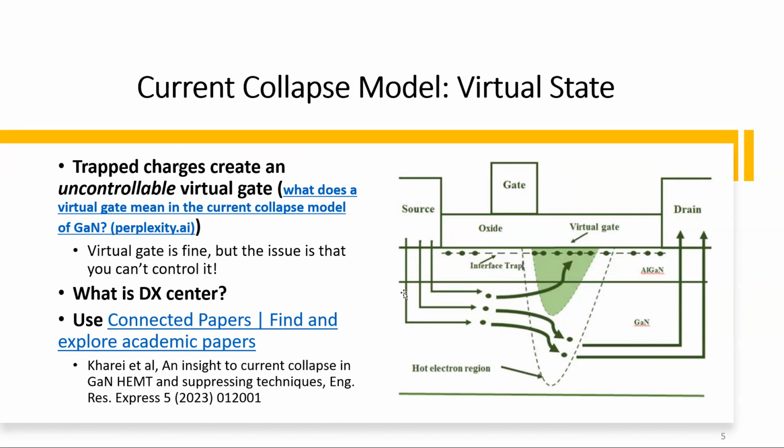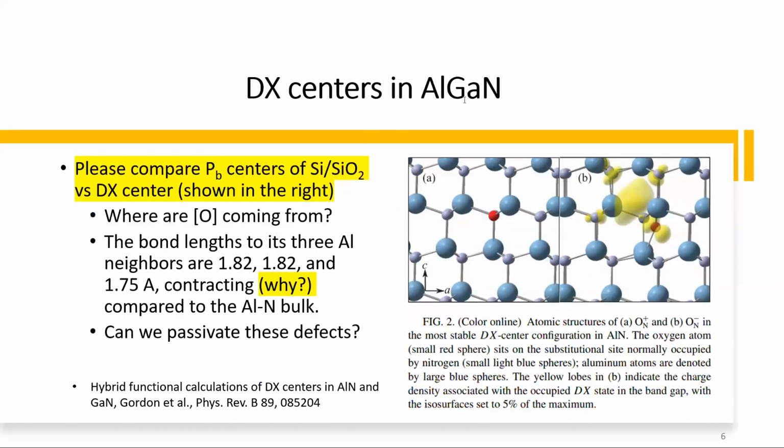And then here is all because of the so-called defect center. DX center, defect center. It's a deep trap center. The DX, D means deep, X means you don't know what it is. That's what I meant. And then X means it's an oxygen vacancy inside the nitrogen site.